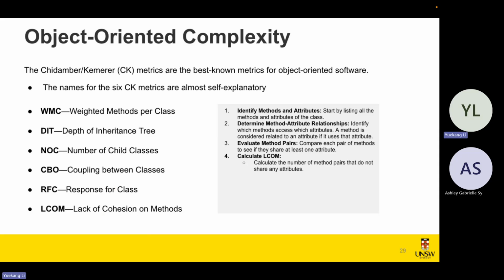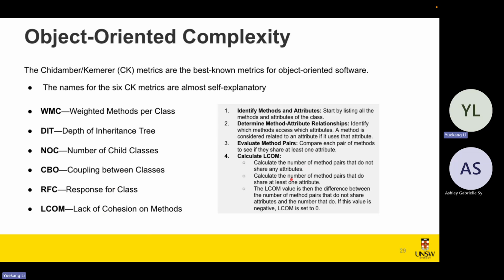And then we can calculate LCOM. We use the number of method pairs that don't share any attribute minus the number of method pairs that share at least one attribute.